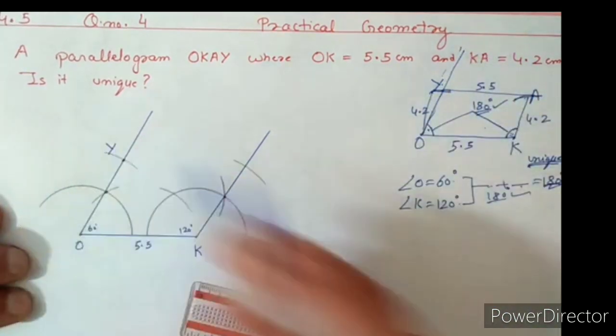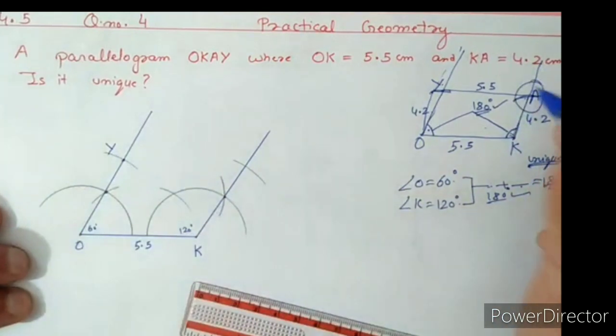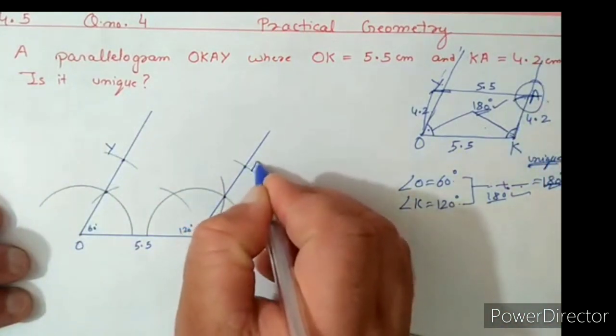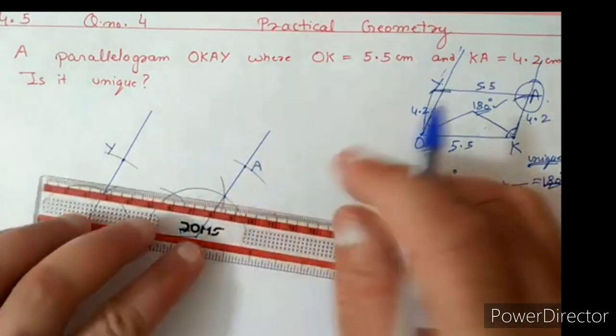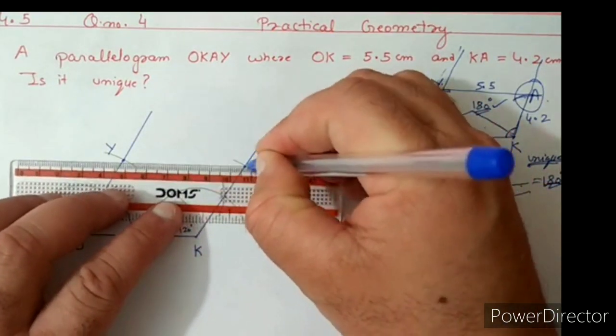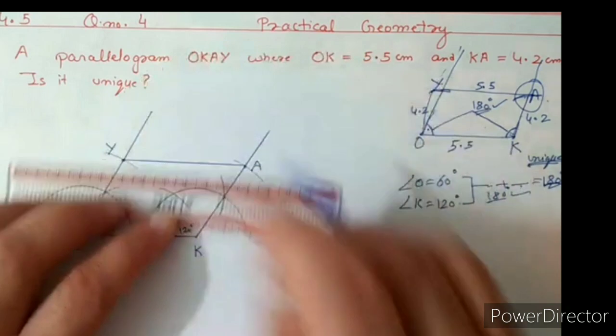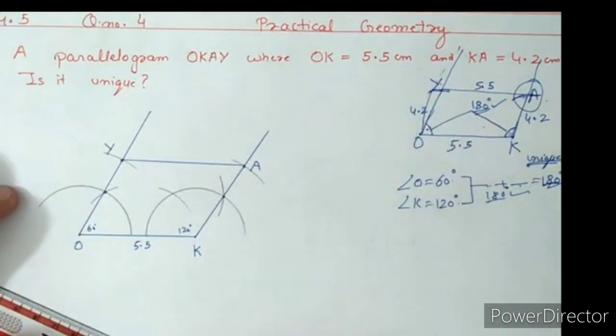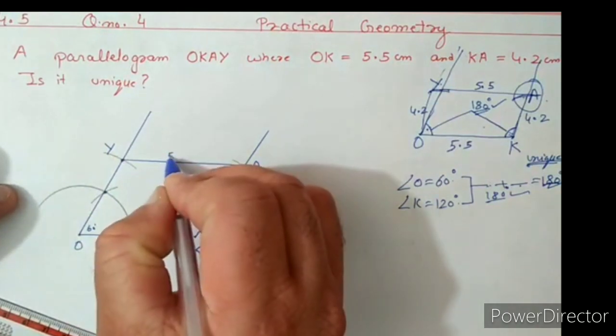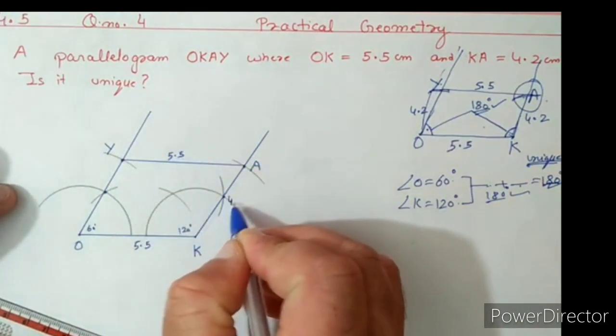It will show the positions of Y and A. Just join YA. No need of taking any measures, but you can check whether it is 5.5 centimeter or not. If you do correctly, you will get the correct measure, 5.5 centimeter.